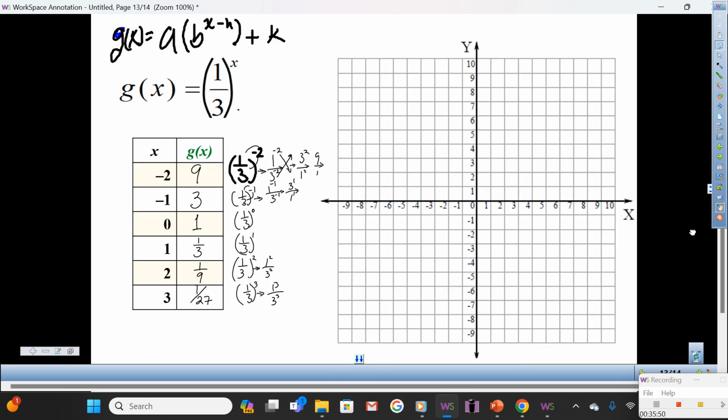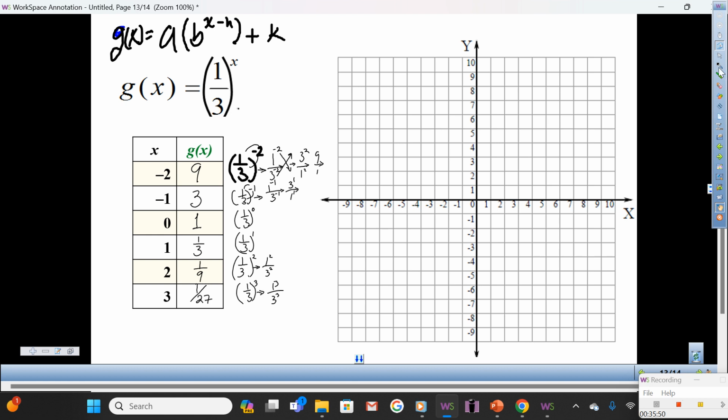All right. Let me zoom out. Look up. Let's start graphing this. Question, is there a K for this one? No, so my HA is y equals 0.